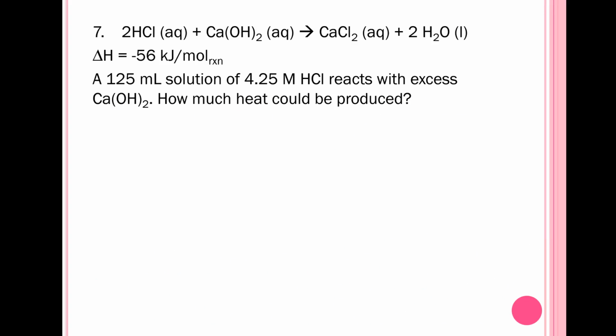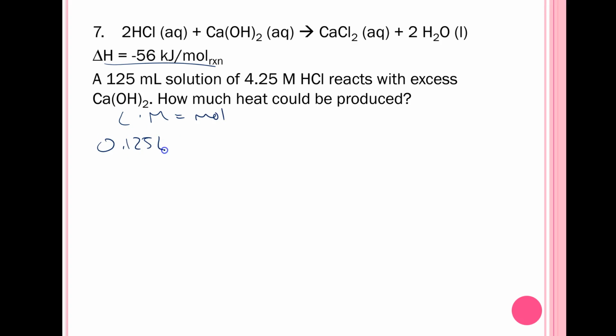All right, so let's do it this way. And again, I have this value for the enthalpy of neutralization in here. It's an acid-base reaction. But what you need to do is find the moles first. So liters times molarity gives you moles.